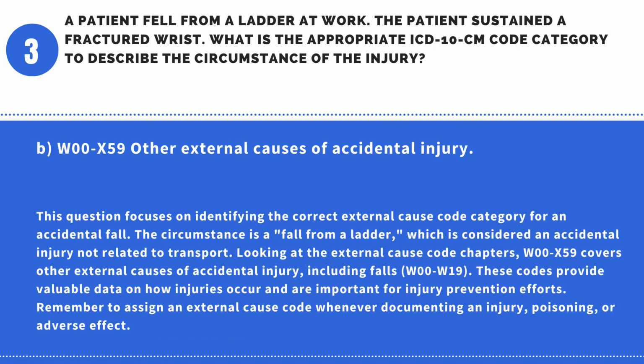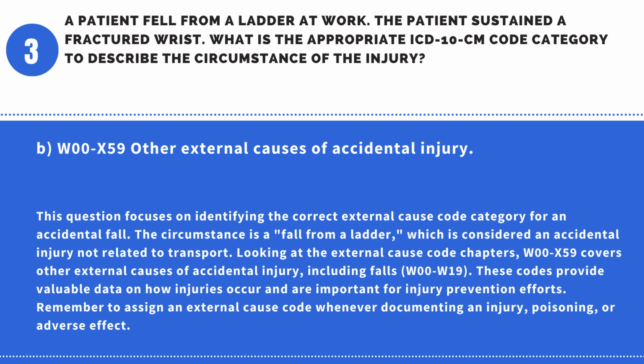Answer: B. W00-X59 other external causes of accidental injury. This question focuses on identifying the correct external cause code category for an accidental fall. The circumstance is a fall from a ladder, which is considered an accidental injury not related to transport.